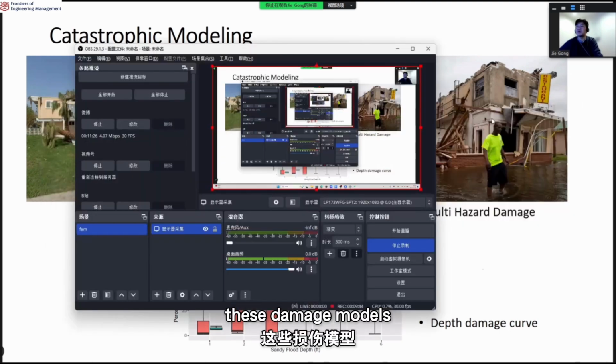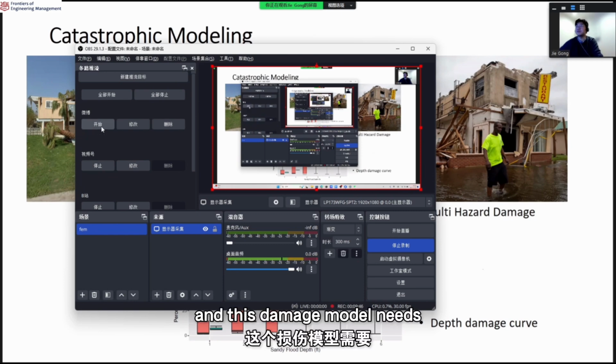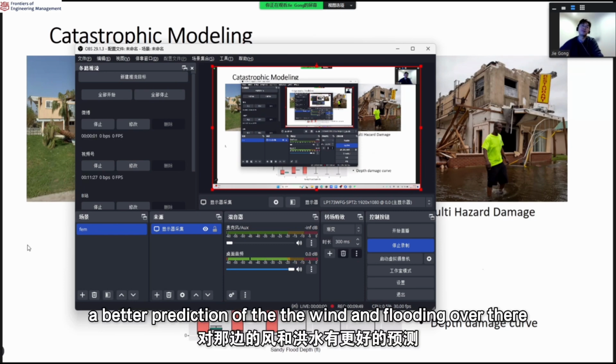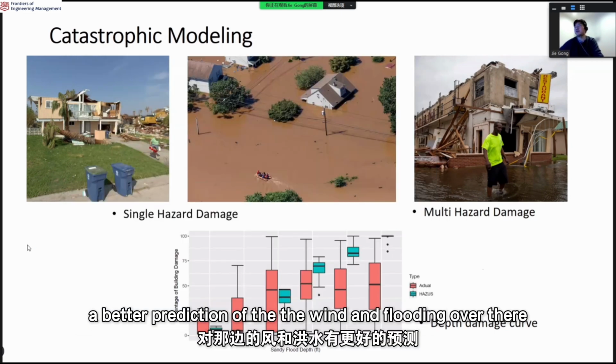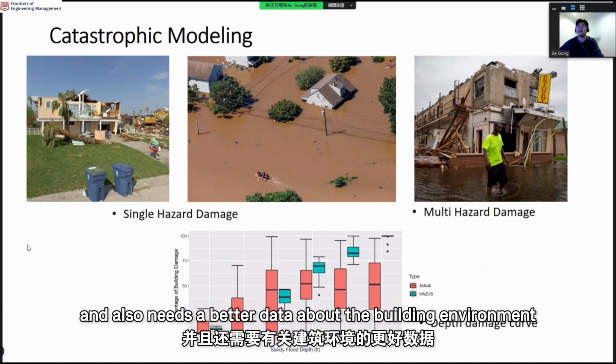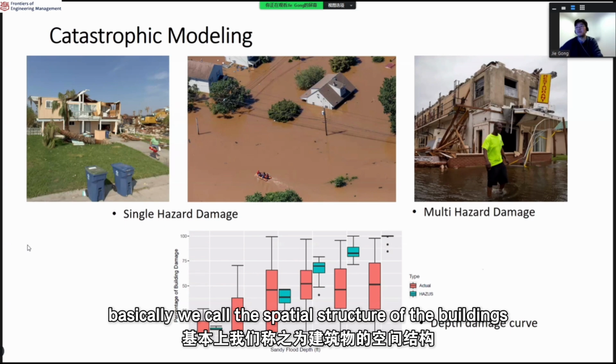These damage models need better prediction of the wind and flooding, and also better data about the built environment, basically the spatial structure of the buildings.